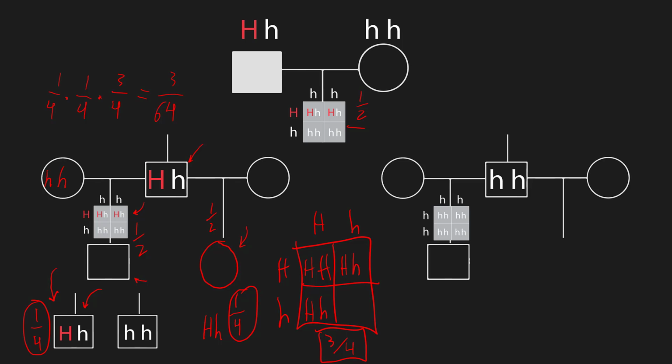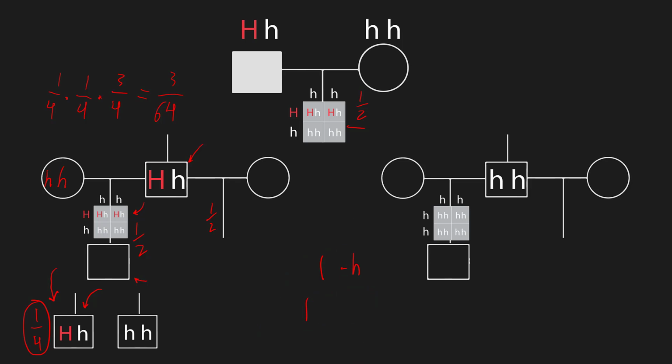Okay, so most of you had this part pretty well figured out. What became a little confusing is, why is the probability of this individual 3/4?